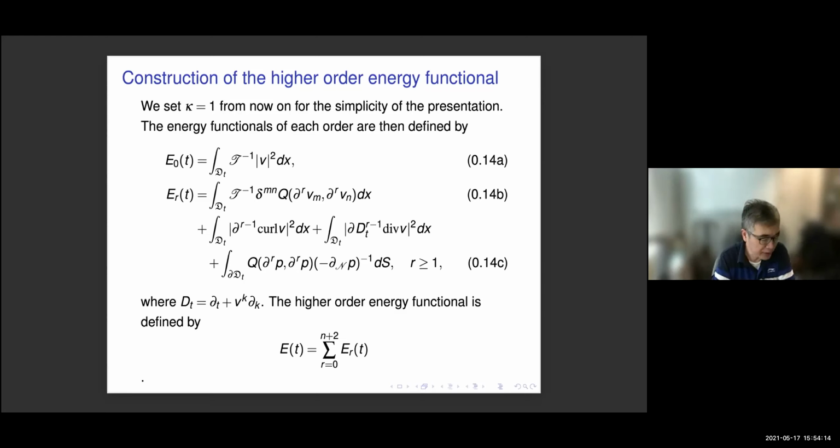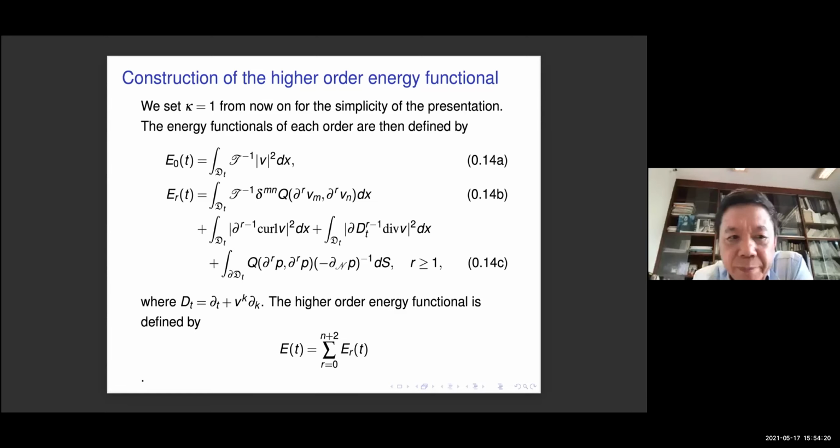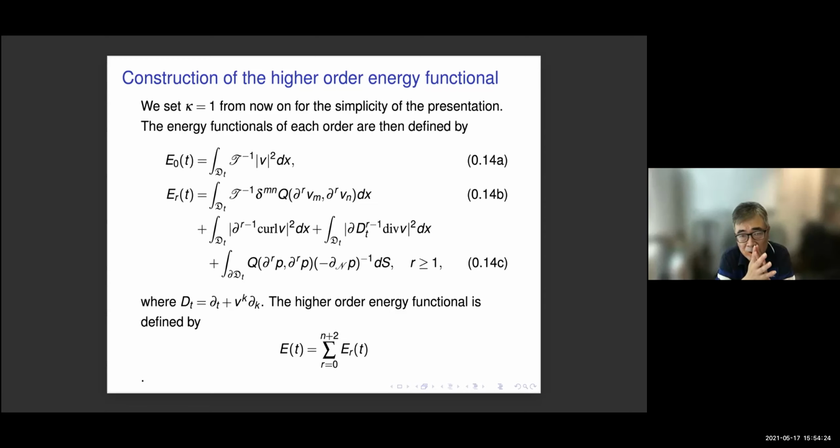Therefore, there's a dispersive effect on the unbounded domain to have a decay of the solution. But here, for this problem on a bounded domain without dissipation, how to find the decay mechanism is really a hard problem.